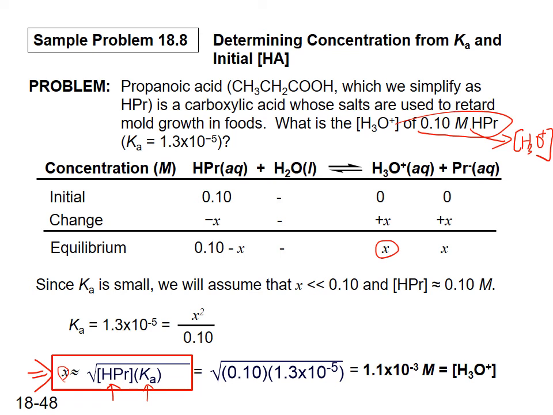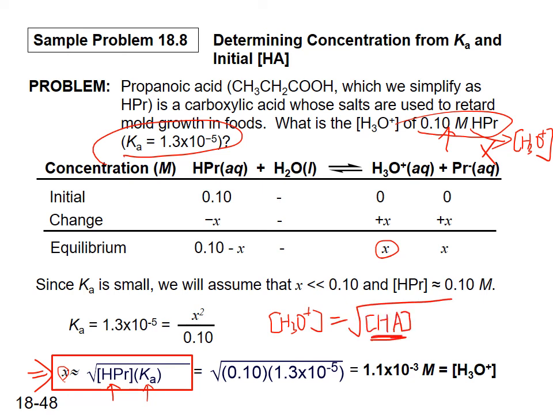But if it's a weak acid, then this is not equal. You need another information. If we know Ka and the initial concentration, then for a weak acid, the hydronium ion concentration can be calculated to be the square root of the initial concentration of acid times Ka.